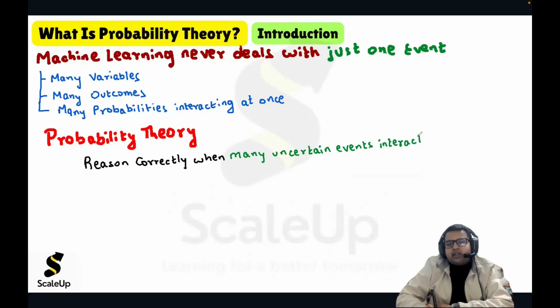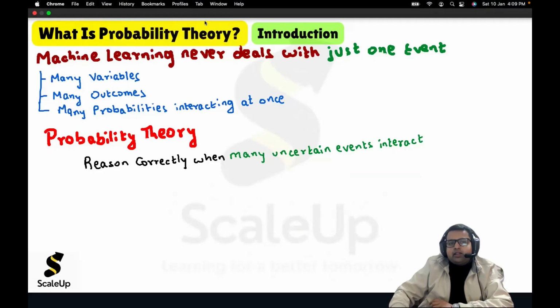Every event has a probability associated with it, so when many uncertain events interact, how can we reason correctly? For that we make use of probability theory, and that is what we will discuss in this lecture in detail.